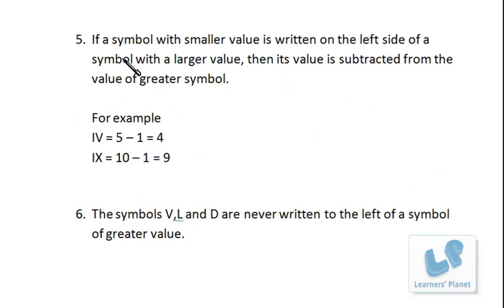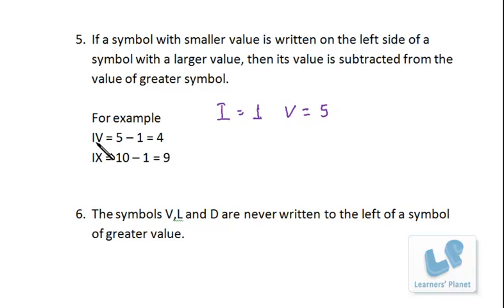Now the next rule: if a symbol with smaller value is written on the left side of a symbol with larger value, then its value is subtracted from the value of the greater symbol. We see over here it's I and V. What is the value of I? That is 1, and the value of V is 5.